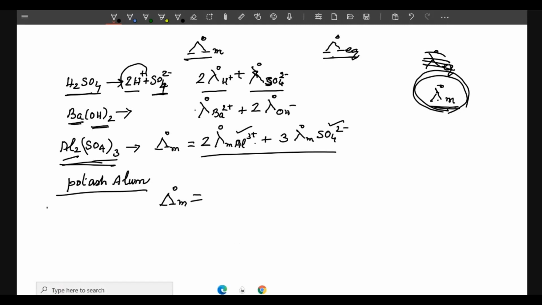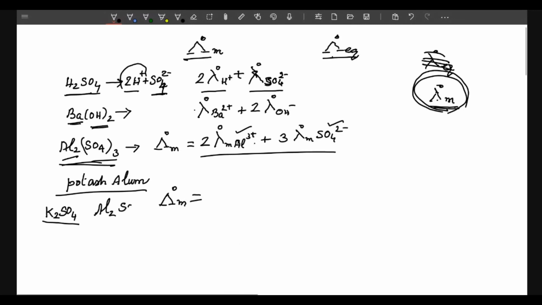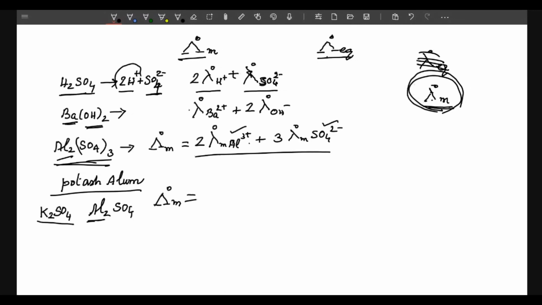Potash alum is nothing but potassium sulfate and aluminum sulfate. You should know what potash alum is: a monovalent, univalent sulfate salt, and a trivalent metal ion sulfate salt with 24 water molecules. This should be called alum. Potash alum means potassium sulfate and aluminum sulfate.